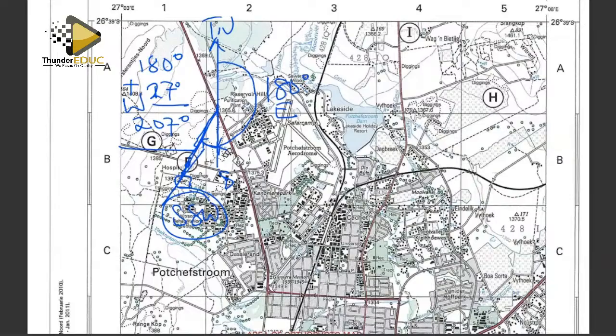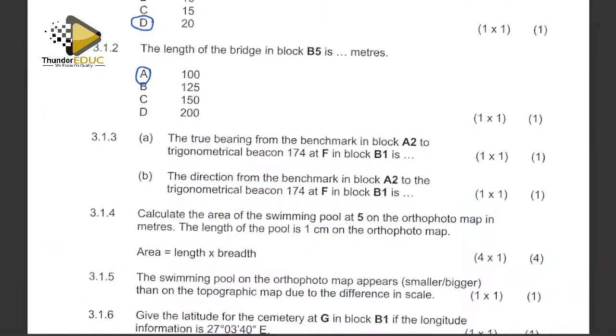If it's 27, we are still in the zone of southwest. So we can safely conclude that our bearing is 207 degrees and our direction is southwest.